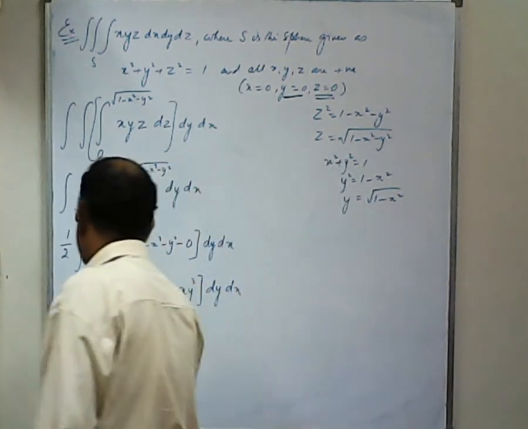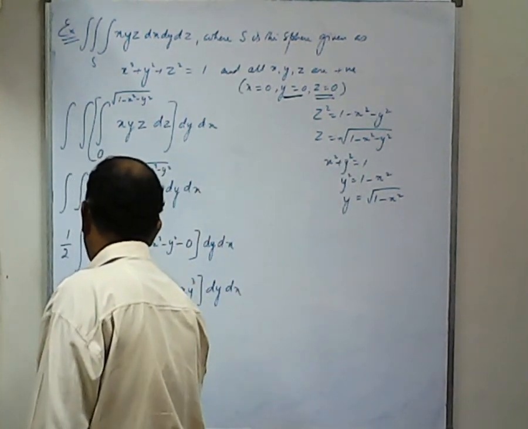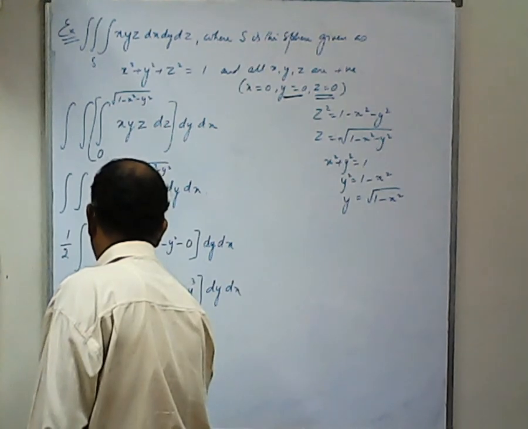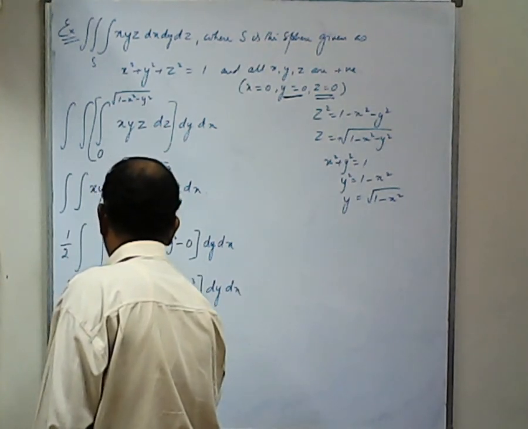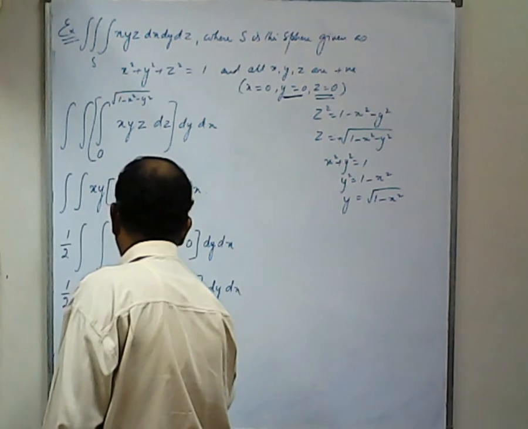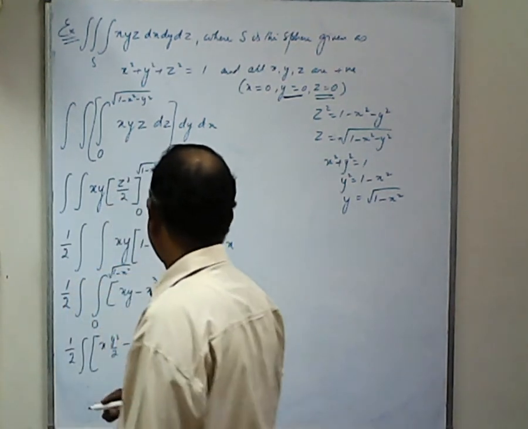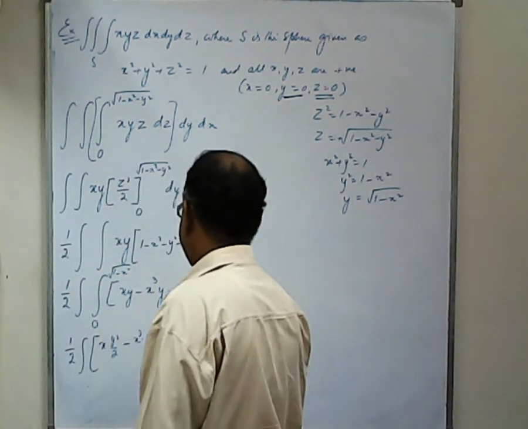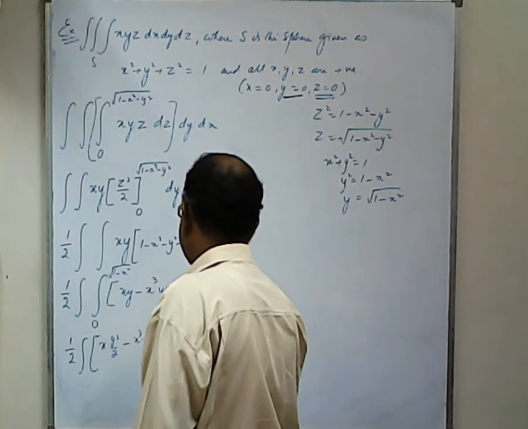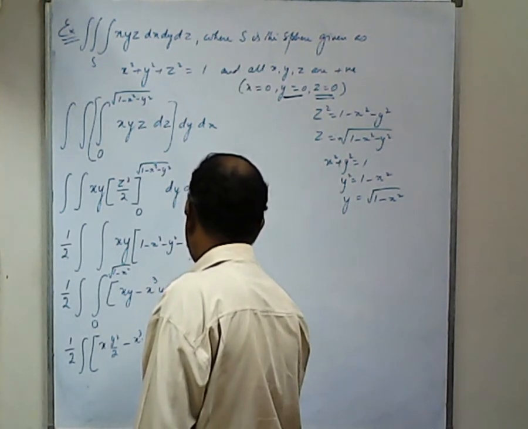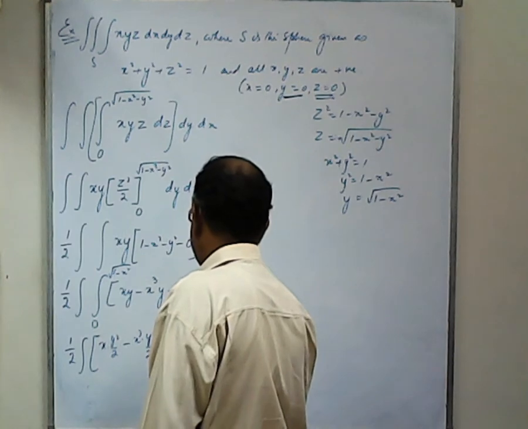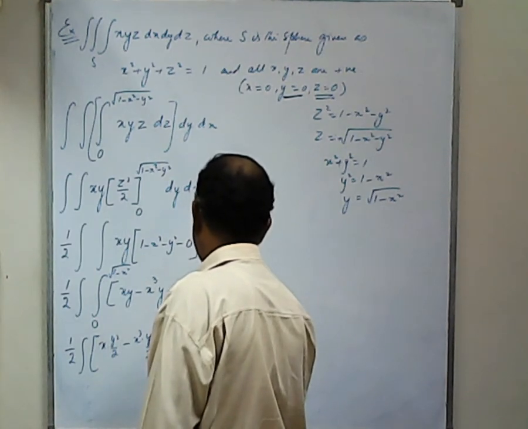So now I have 1 by 2 integral, and then x into y square by 2 minus x cube into y square by 2, minus x y power 4 by 4, dx, with limits 0 to under root 1 minus x square.